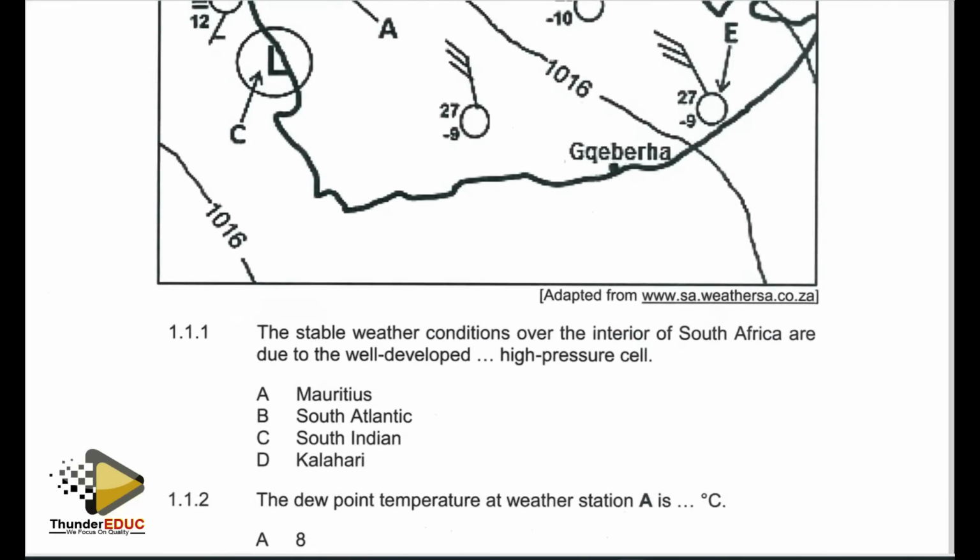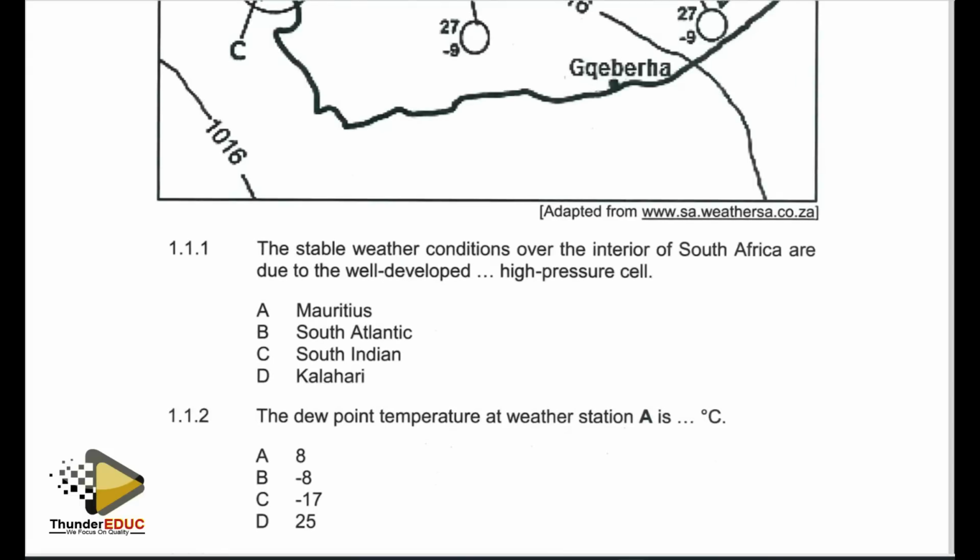So over the interior, when we are having stable weather conditions, we are having the dominance of the Kalahari high pressure cell. So our correct response would be item D, which is the Kalahari high pressure cell. It's the one that contributes towards fine weather conditions over the interior.